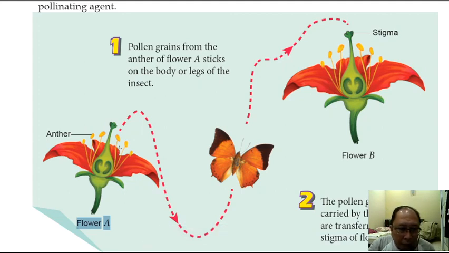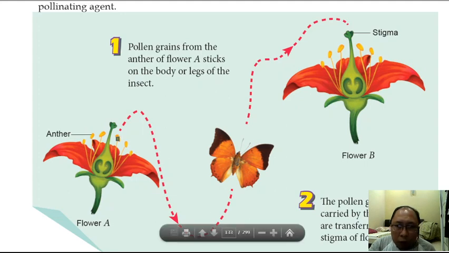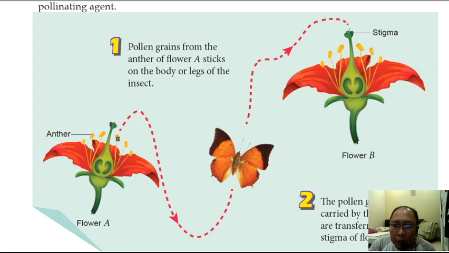So first of all, anther. So this is the anther. Okay. Pollen grain from the anther will be transferred to the stigma of flower B. So how is this pollen grain transferred? It will be assisted by a pollinating agent.